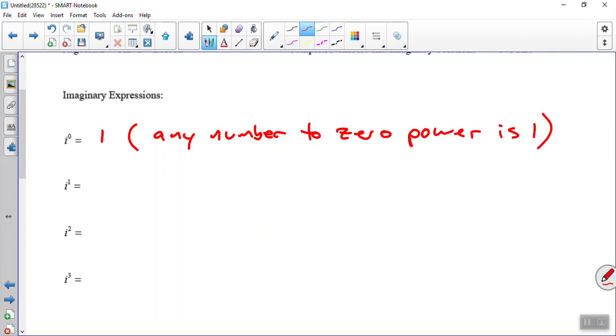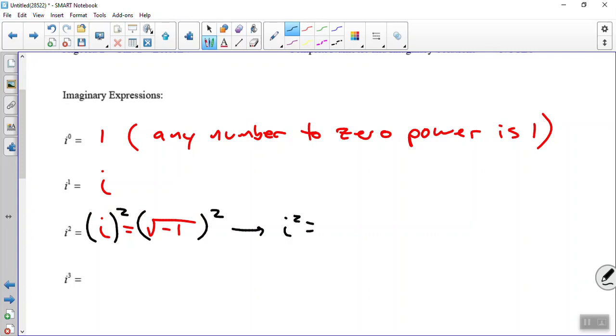So, i to the first, anything to the first power is itself. i squared, well, we just saw that i equals the square root of negative 1. Well, what happens if we square both sides? Sure, we can square imaginary numbers, why not? You'll get i squared equals negative 1.